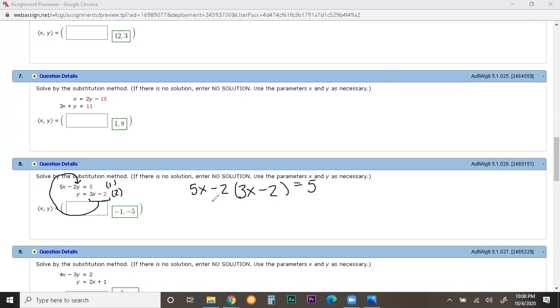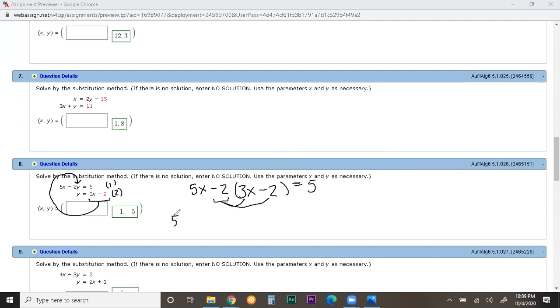Now, we have plugged the y in, but this one doesn't look like the previous problem. And that's okay because we are supposed to know how to simplify this. So we have 5x minus 2 times 3x minus 2 equals 5. So this negative 2 here has to be multiplied by the 3x and the negative 2.